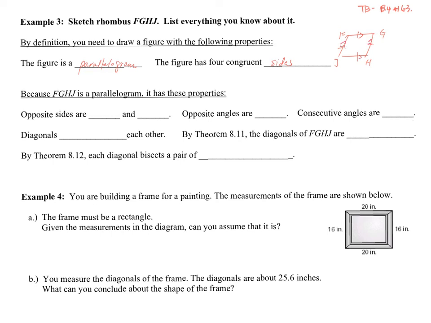And because FGHJ is a parallelogram, it has these properties. Opposite sides are parallel and congruent. Opposite angles are congruent. Consecutive angles are supplementary. Diagonals bisect each other.